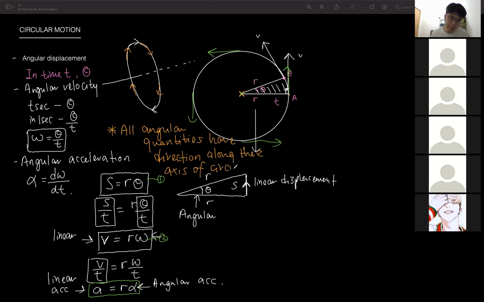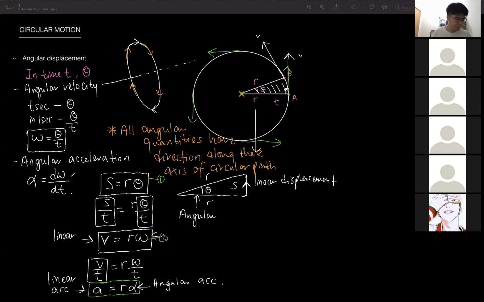Any circular path must have an axis that controls the circular path. So that is the difference between the linear and the angular component. Some basic terminologies that you need to know before we go to the next part.